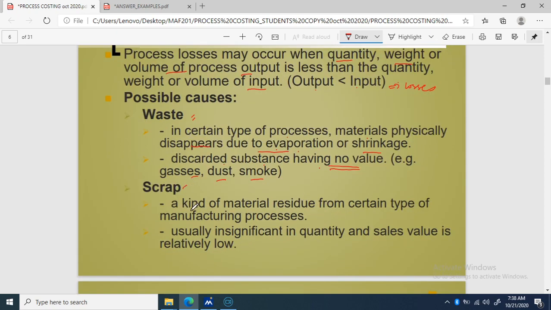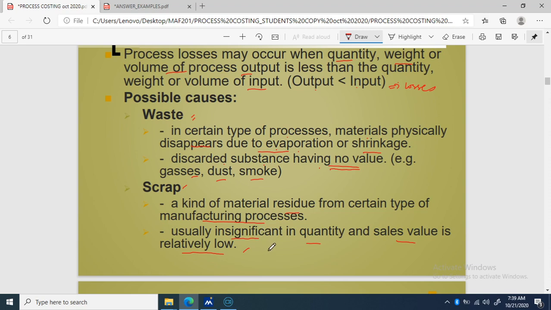What is scrap? Scrap is a kind of residue from certain manufacturing processes, usually insignificant in quantity and with relatively low sales value. For example, at the end of the process the output is still less than input, but here the losses are a physical substance that cannot be further processed, but you can sell it to outsiders, normally at relatively low value.